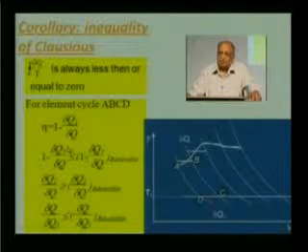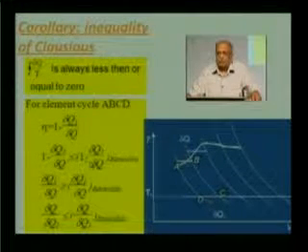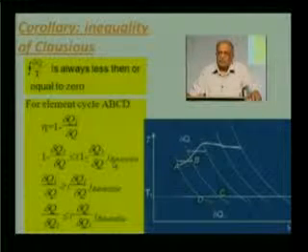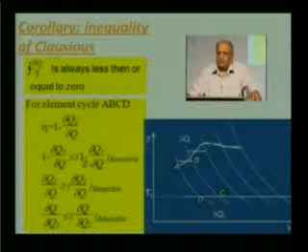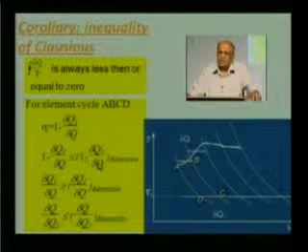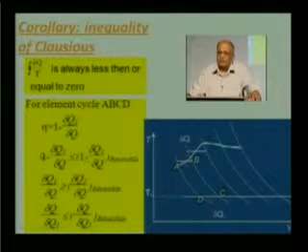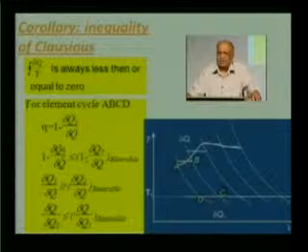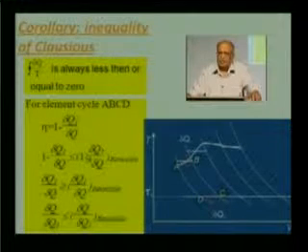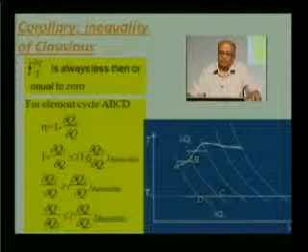If it is an irreversible cycle, the efficiency would always be less than the efficiency of a reversible cycle. Efficiency of a reversible cycle is 1 minus dq1 upon dq for a reversible, and this is the efficiency for an irreversible cycle. So, this quantity will always be less than the efficiency of a reversible cycle.